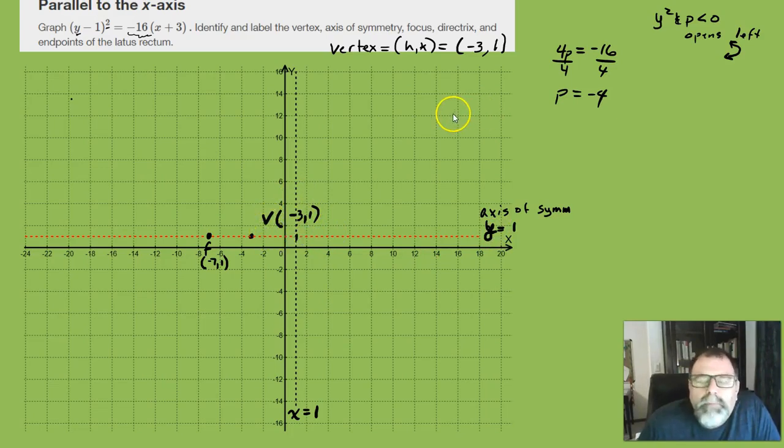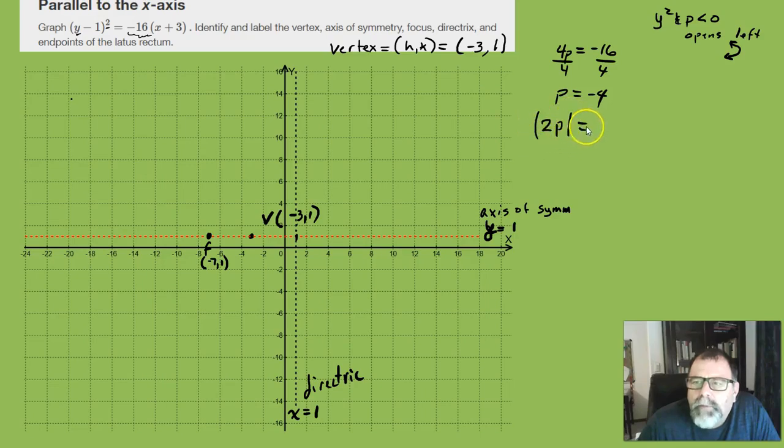Let's see, what else? So that's my first step. I do my vertex. P is -4, negative P. So minus of -4 becomes +4. That's my directrix. Okay, so that's my directrix. Now I go do my 2p. 2p is 8.